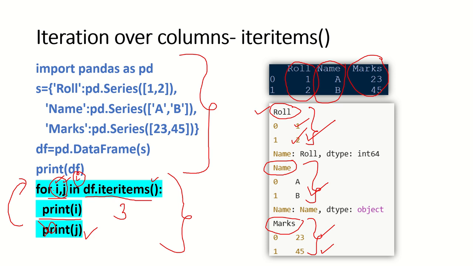So when I give for i in data frame dot iteritems, all the values get printed in a single step. In brackets it will print roll, comma, all the values. That means the 0th row has 1, the first row has the value 2. So this is the first one. For the second i value, in a similar way, name and its corresponding values will be displayed. So this is how it goes.